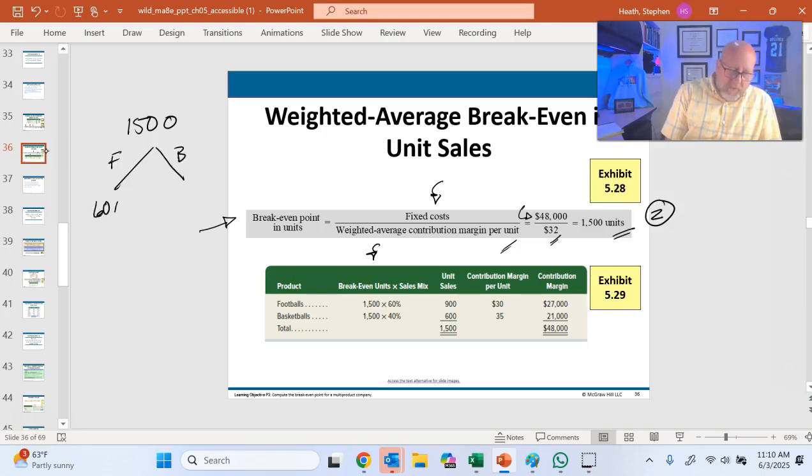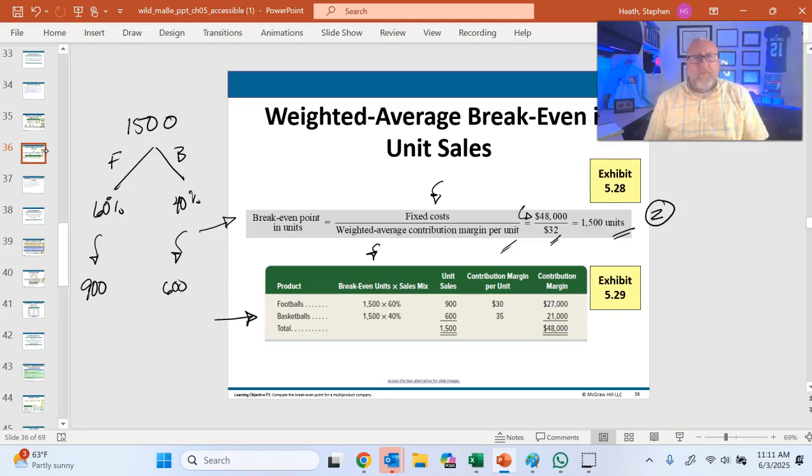And I know that 60% of all my sales are footballs and 40% are basketball. So 60 times 1,500, I need to sell 900 footballs. And then 40 times 1,500, I need to sell 600 basketballs. They're doing the same thing down here. Okay. The number of units, 1,500, times the sales mix, or the percentage.